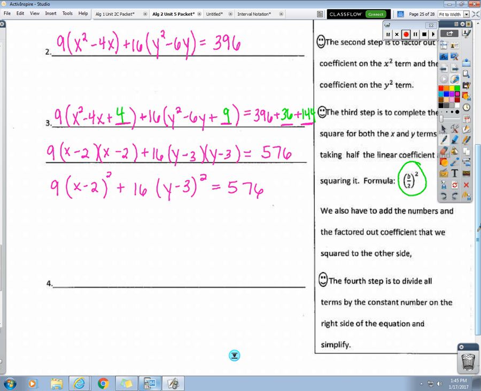Okay, now remember, our goal is to get this equation in standard form. Okay, pay attention. Our goal is to get this equation in standard form. And aren't those equations on the whiteboard standard form of an ellipse? So it's getting closer to that, right? But all equations of ellipses equal what at the end? 1. Well, look.